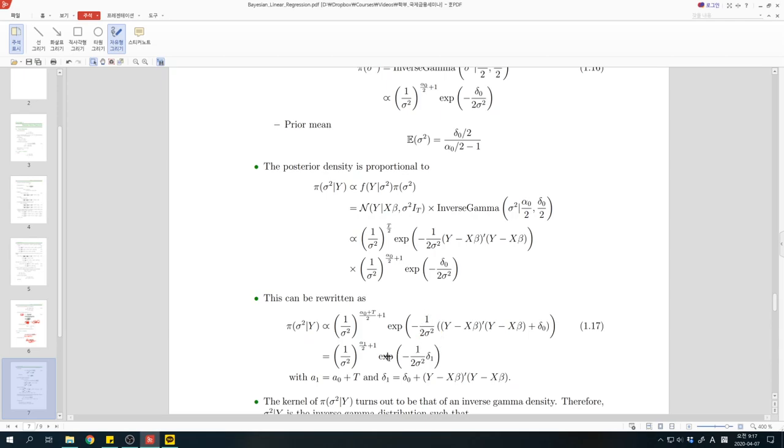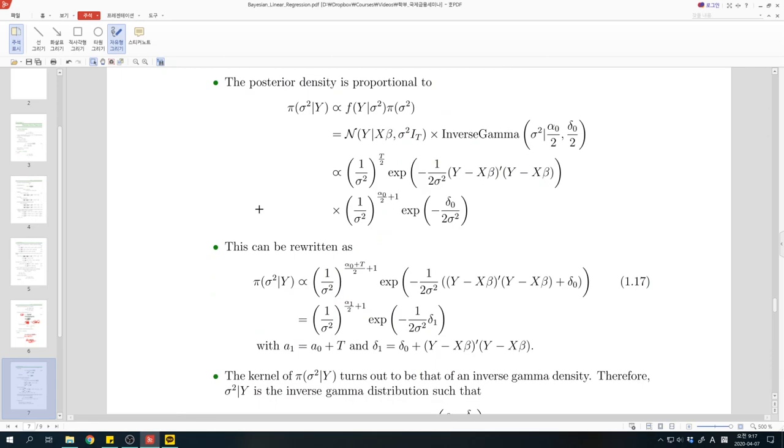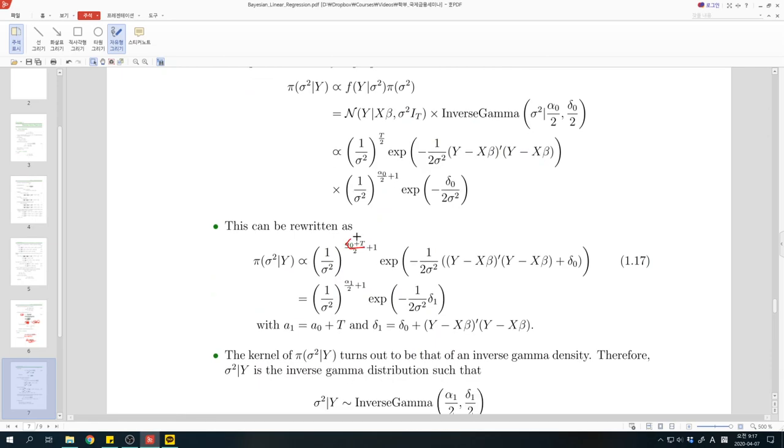Alpha 0 plus capital T is denoted by alpha 1. And this term, y minus x beta transpose times y minus x beta plus delta 0, is denoted by delta 1. What is y minus x beta?